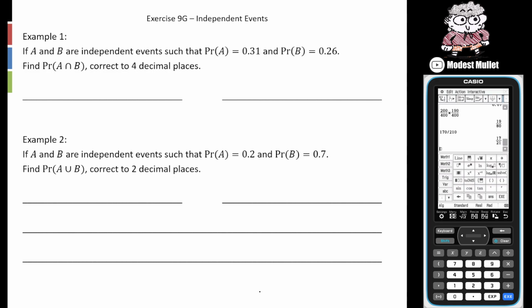Okay. The other thing is that in some questions we are told they are independent. So if A and B are independent events such that probability of A is that, probability of B is that, find the intersection, correct to 4 decimal places as well.